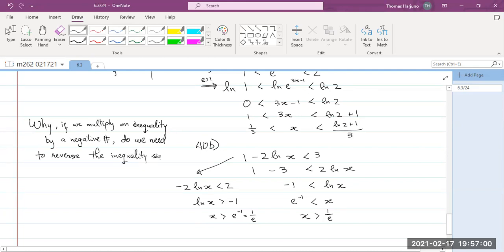In Algebra 1, when students ask me this, I actually had this question myself when I learned inequality. And I remember my teacher actually gave me this example.